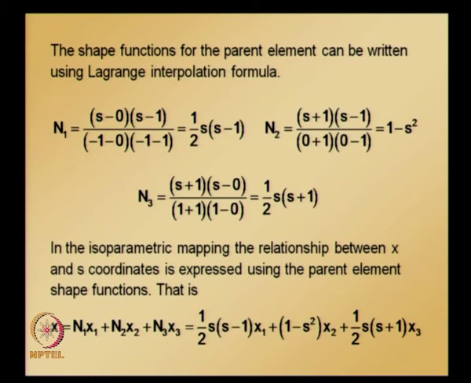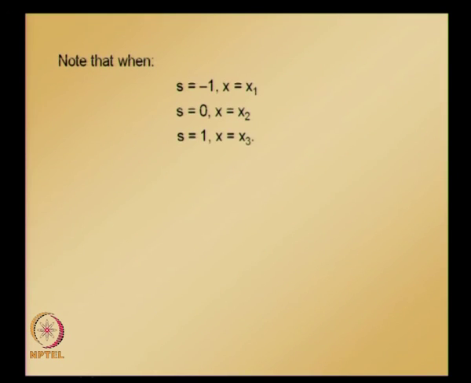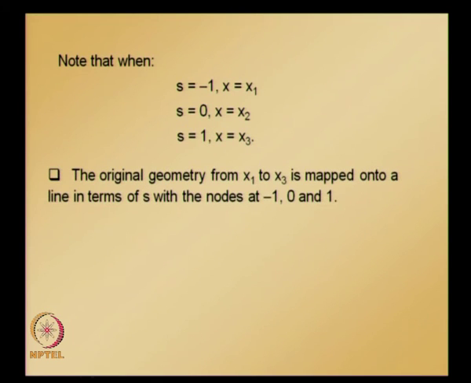By substituting s is equal to 1, we get x is equal to x3, which you can easily verify. And also the original geometry, which is from x1 to x3, is mapped down to a line in terms of s with nodes at -1, 0 and 1.